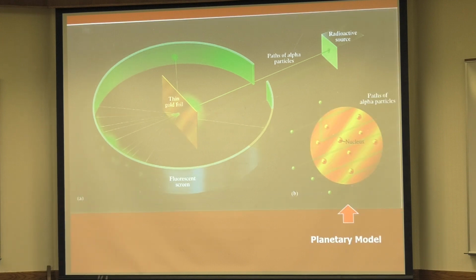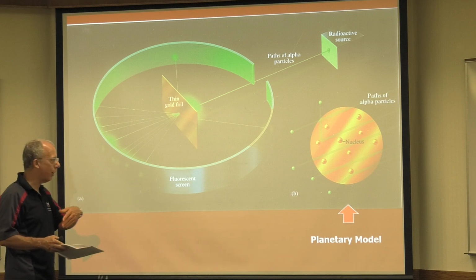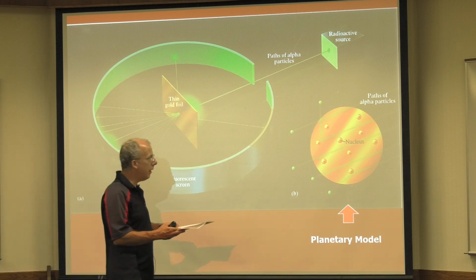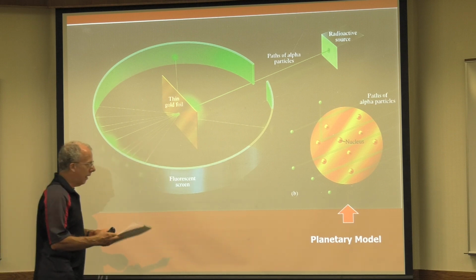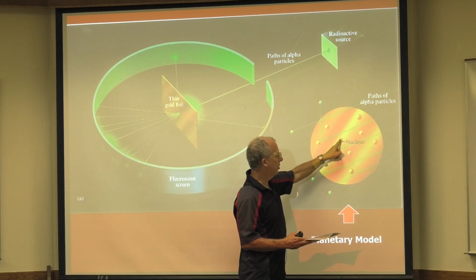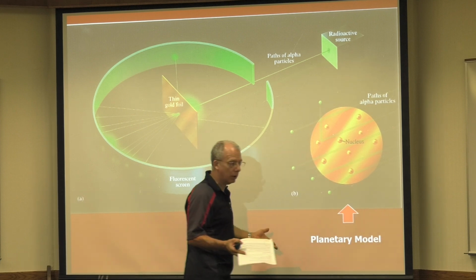So they came up with a new model, which is called the planetary model, which is what I learned in high school. Hopefully you didn't. Hopefully you learned a more modern version. But anyway, this is the planetary model. The planetary model has these super hard, dense things, a nucleus, right?